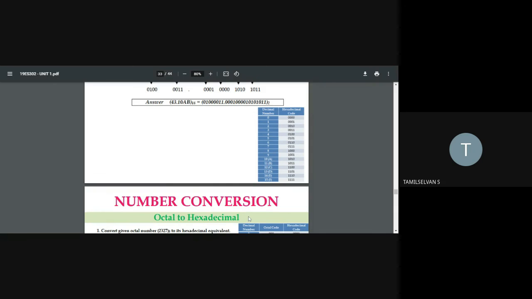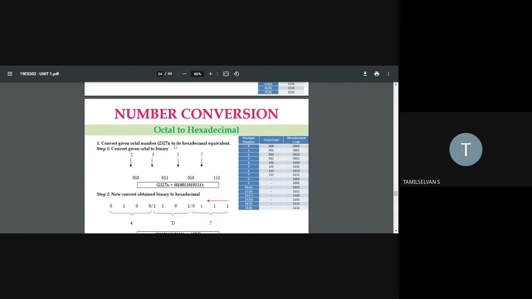First I take the example 2327. This octal value 2327 is converted into a binary number first.